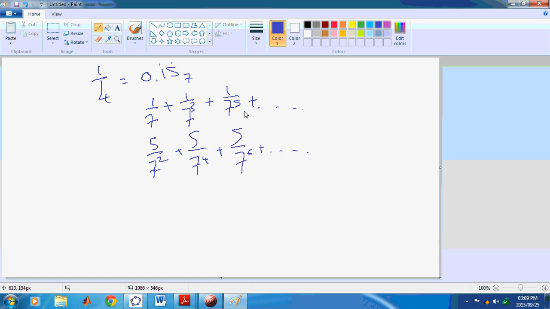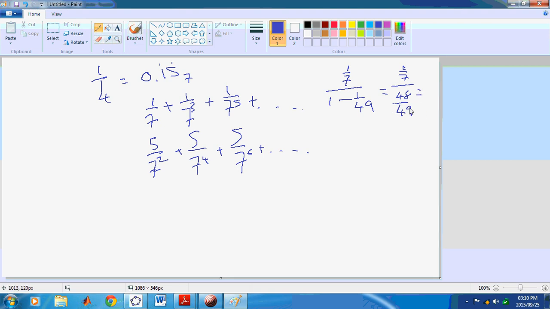And you could take the limit of each of these series, and the limit of this one would be 1 over 7, and then it would be 1 minus 1 over 49, and that would give us 1 over 7, and we'd have 48 over 49.